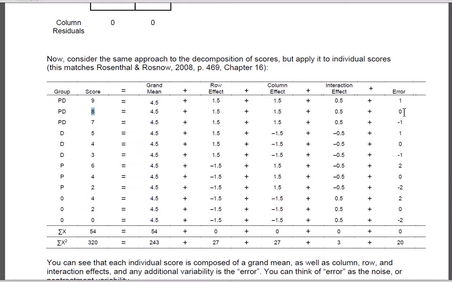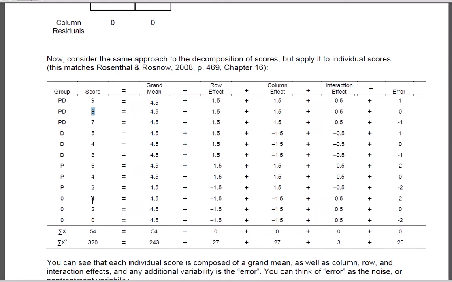There's nothing left over for the error. In other words, this person right here with a score of 8 behaved perfectly as predicted according to the statistical model that we have set up here. There's no error. Now that doesn't actually ever happen in real life. There's always error. But it's a nice illustration.